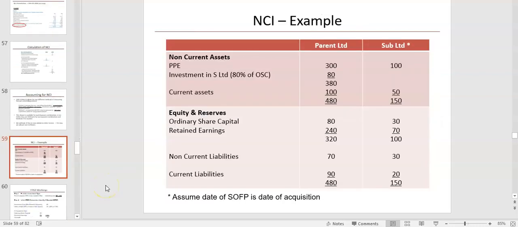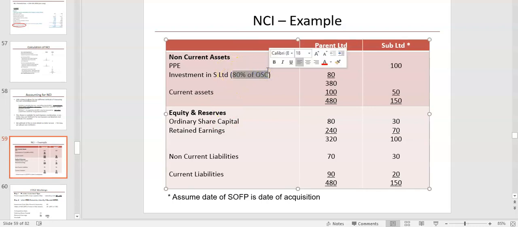So we're taking a similar example to what we've looked at before, parent and subsidiary, but now we have a bit of a change in scenario. Now the investment in this is only 80%. So they've only bought 80%. However, that still means control, because you've over 50% and there's no information to negate the assumption that you control the subsidiary.